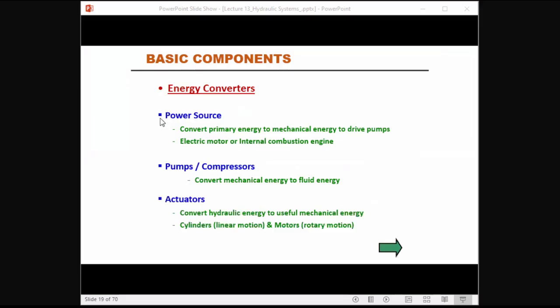Here you can see energy converters as a power source: convert primary energy to mechanical energy to drive pumps, electrical motor, internal combustion engine.